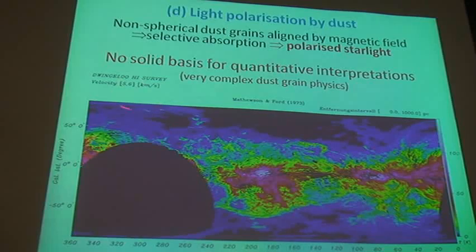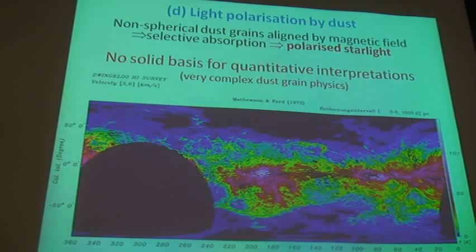There are thousands of such stars, but unfortunately the dust grain physics is so complicated and poorly known that it's practically impossible to interpret this data quantitatively. Fantastic, you see large-scale order. Can we estimate the magnetic field? No, we can't.